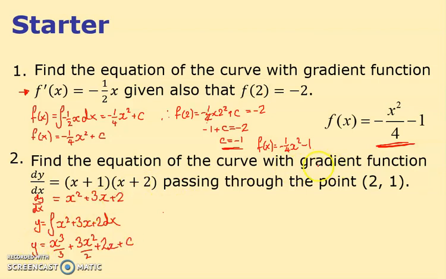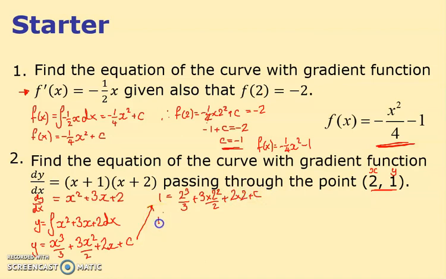Now what does it give me? It says it's passing through the point (2, 1), so of course x is 2, y is 1. Let's sub those in. So I get 1 equals 2 cubed over 3 plus 3 times 2 squared over 2 plus 2 times 2 plus c.